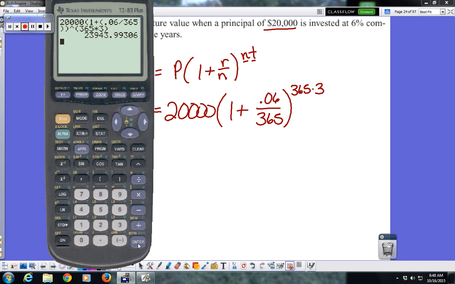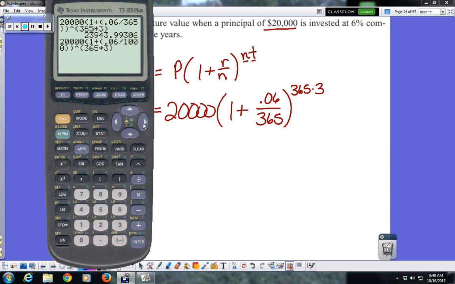Now let's look at something. What if we compounded it less often, more often? Let's see what kind of difference it would make. What if we compounded this instead of 365 times a year, I don't know, 1,000 times a year, which would be more often, obviously.